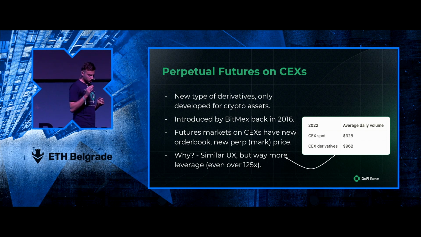I'll try to give a short example to break down how perpetual swaps, or perpetual futures, work. For example, let's say you don't have ETH and I don't have DAI, but let's pretend that I have borrowed ETH from you and you have borrowed the same dollar amount of DAI from me.